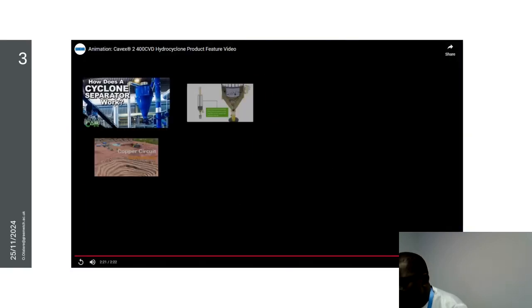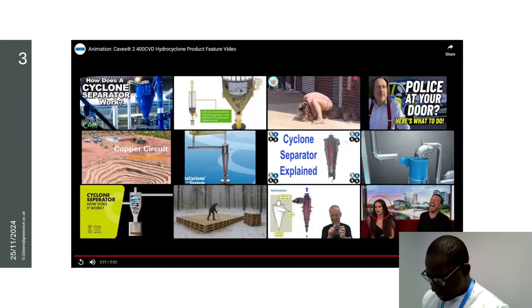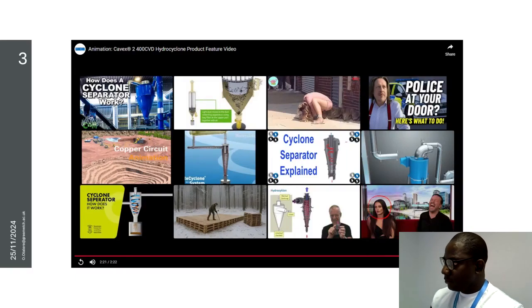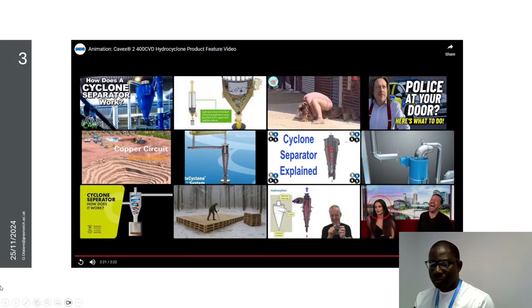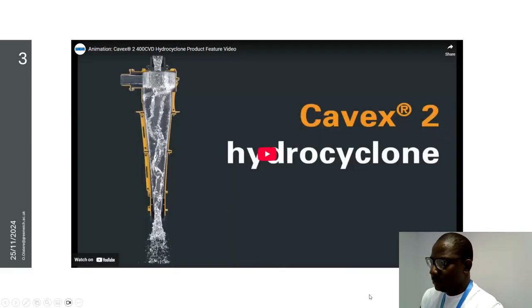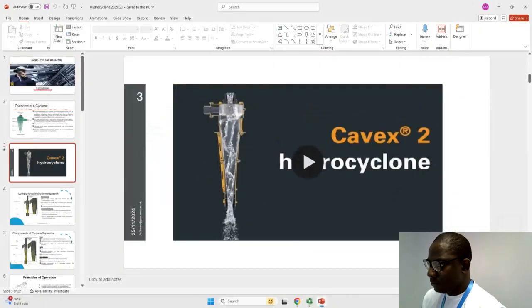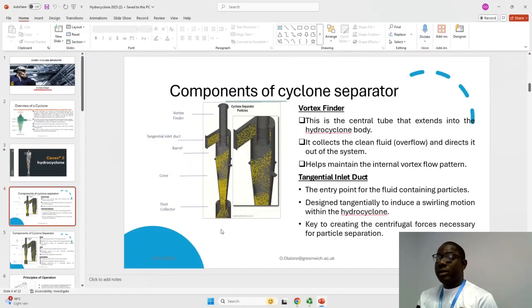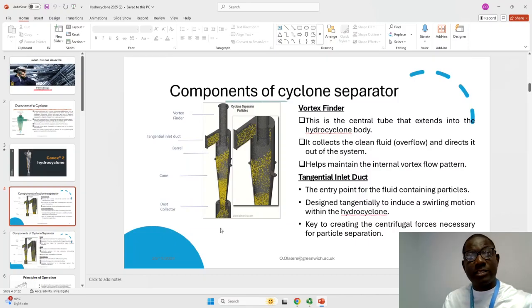Okay, this is one type of cyclone. Okay, that is one type of industrial cyclone.